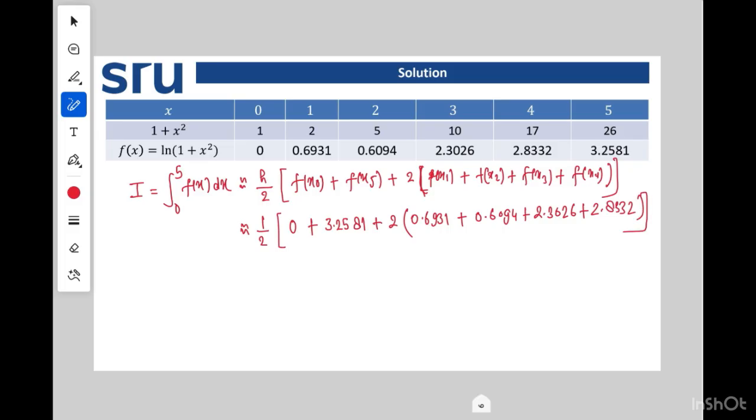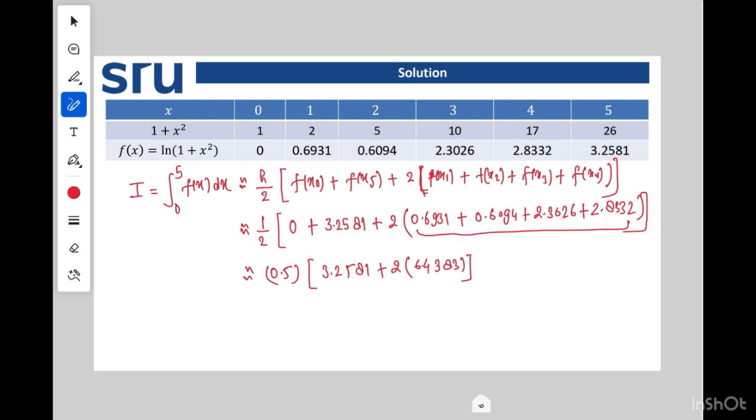Solving this, 1 by 2 is equal to 0.5, and 0 plus 3.2581 is 3.2581, plus 2 times, if you add all these numbers, you will get 6.4383.